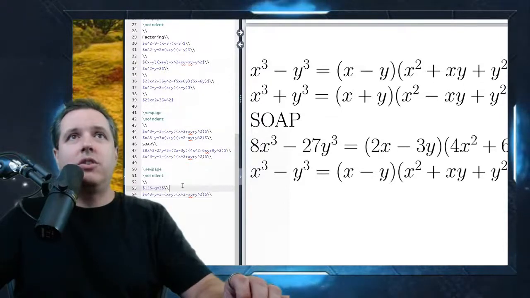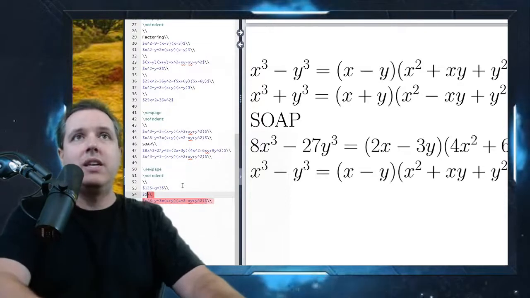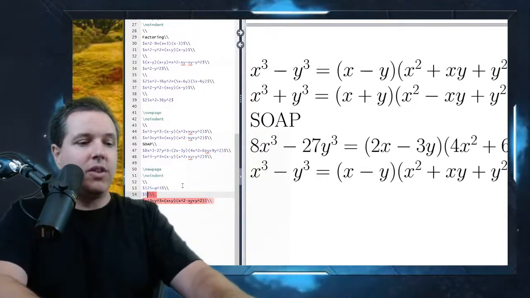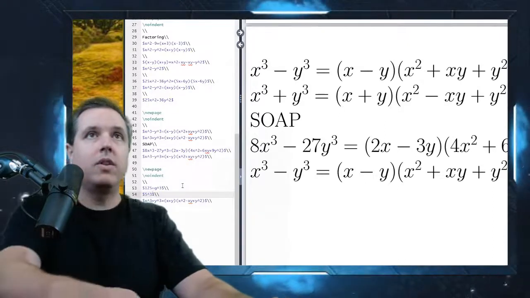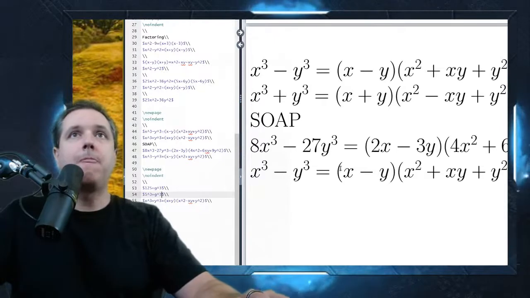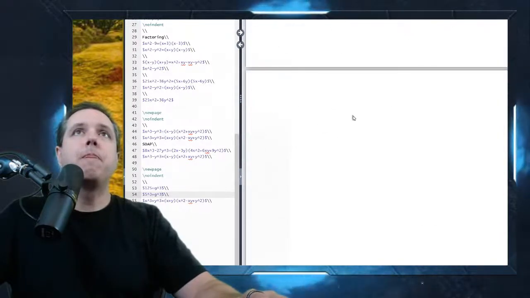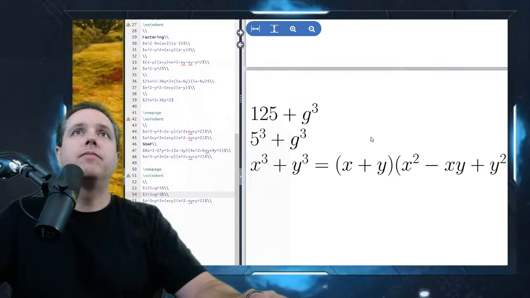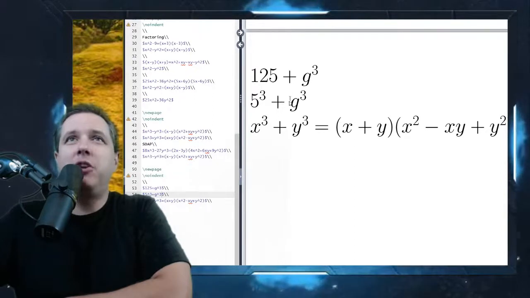I'll write it the way they were writing it in the solutions. So that's really 5 cubed plus g cubed. See how I took 125 plus g cubed and I'm writing it as 5 cubed plus g cubed.